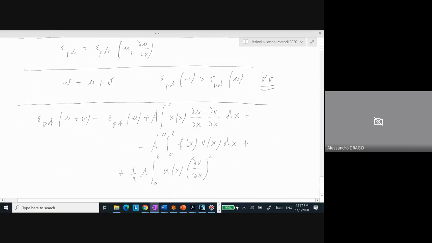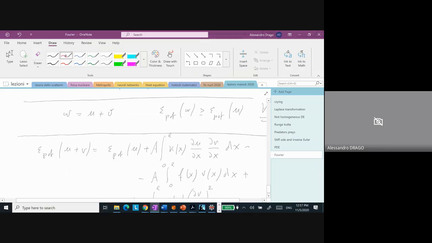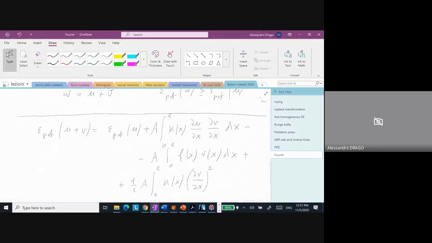What is written here, these two terms together, we can notice that actually together they give 0 if u satisfies the initial differential equation.